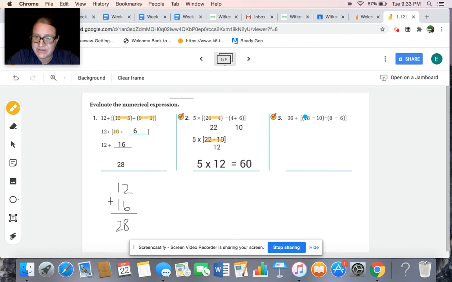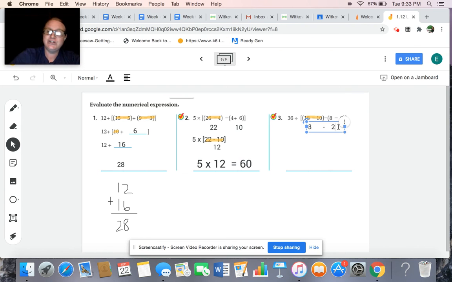All right, let's do parentheses first. So we have 18 minus 10. 18 minus 10 is not 9, it's 8. And then the other one there is 8 minus 6, and 8 minus 6 is 2. So now our new problem is 36 divided by bracket 8 minus 2 bracket.